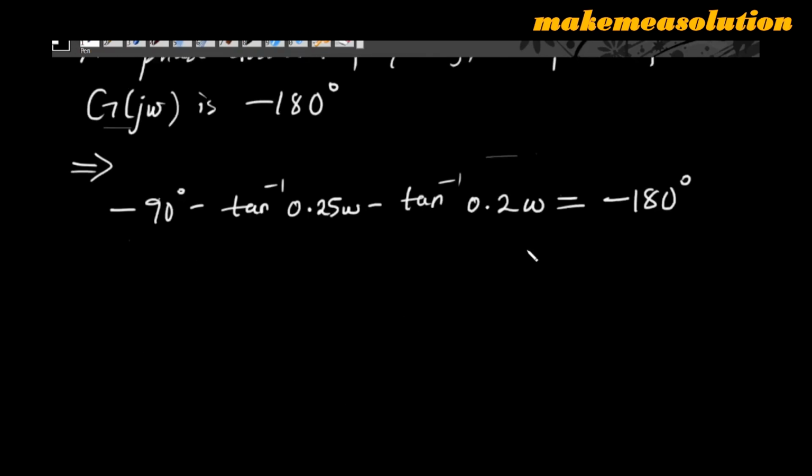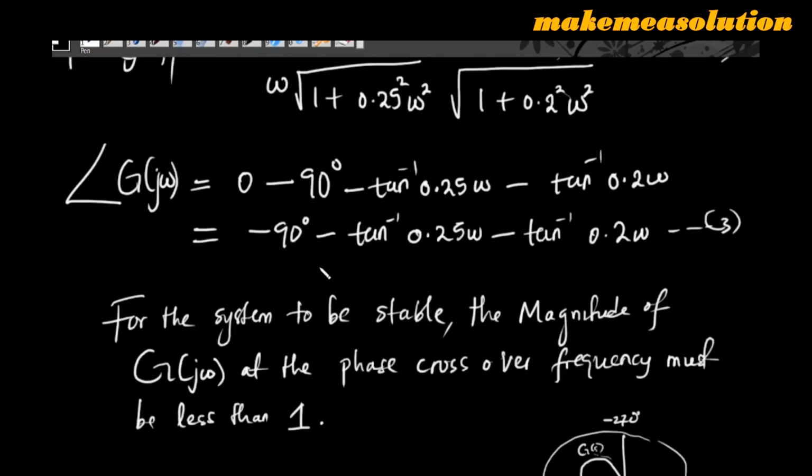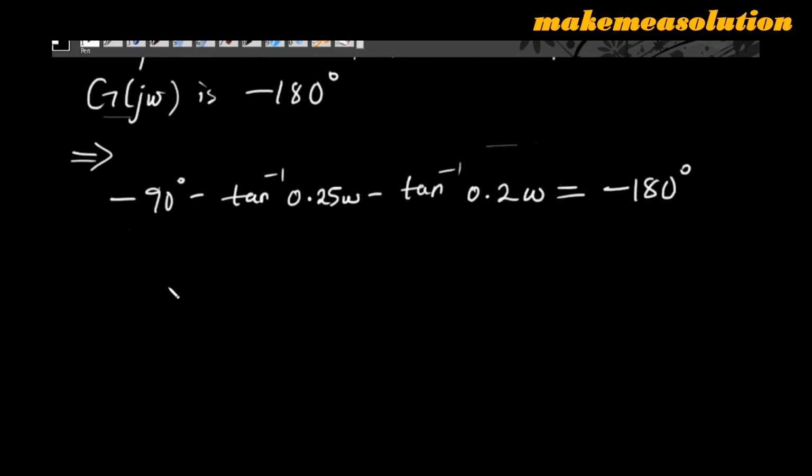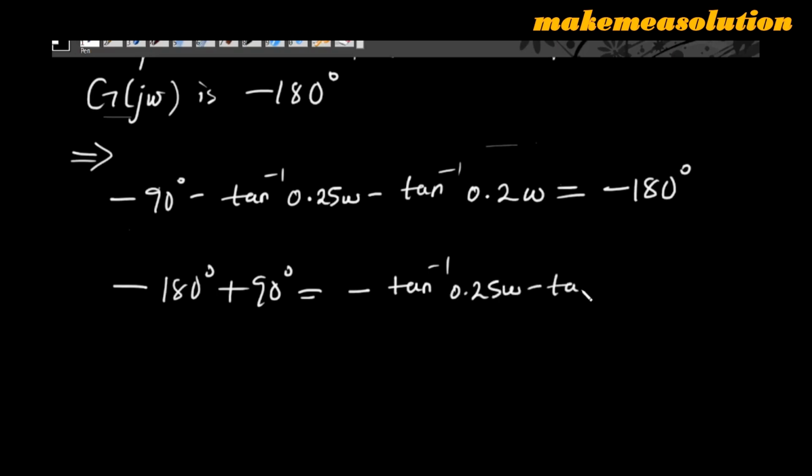So this is the expression of the phase. If you solve this equation, you get minus 180 degrees plus 90 degrees equals minus tan inverse of 0.25 omega minus tan inverse of 0.2 omega.